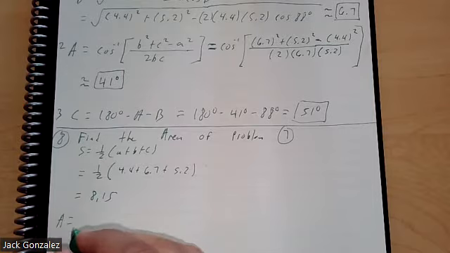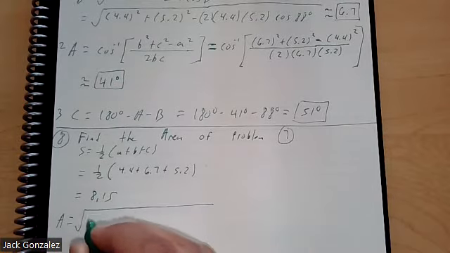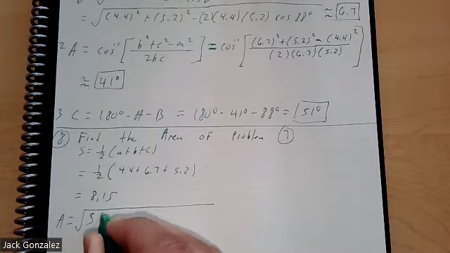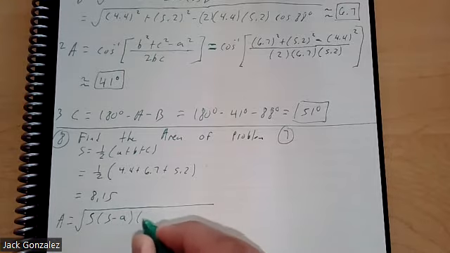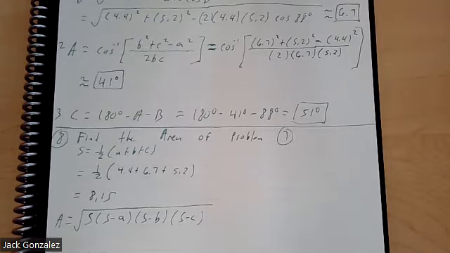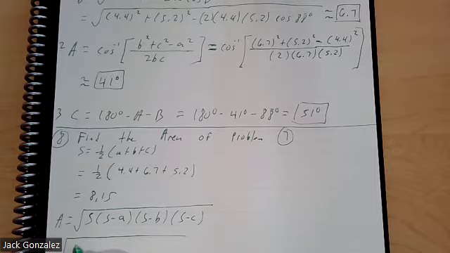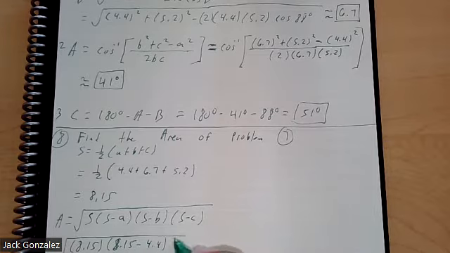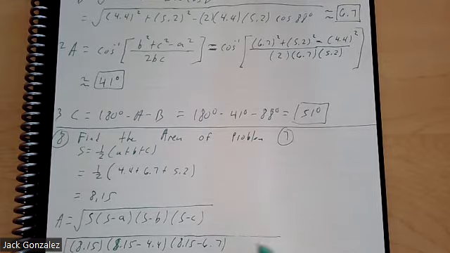So area will equal the square root of S times S minus A times S minus B times S minus C. So that will be 8.15 times 8.15 minus 4.4 times 8.15 minus 6.7 times 8.15 minus 5.2.